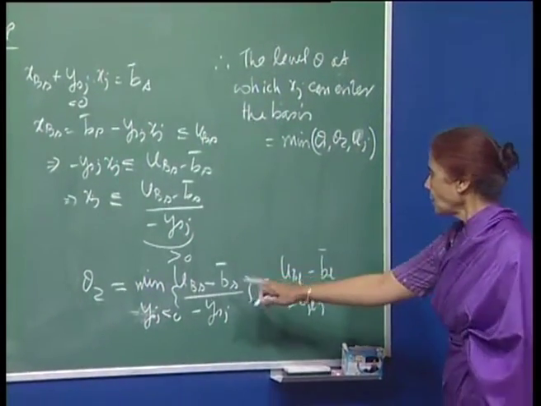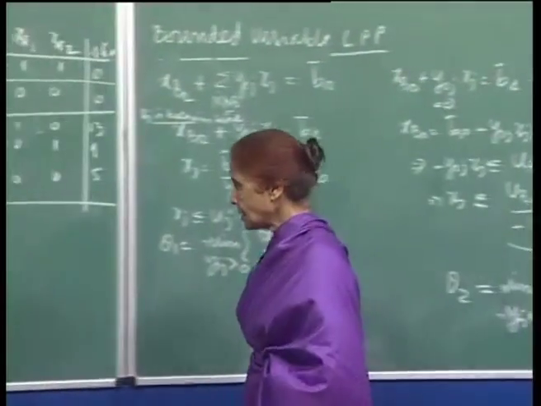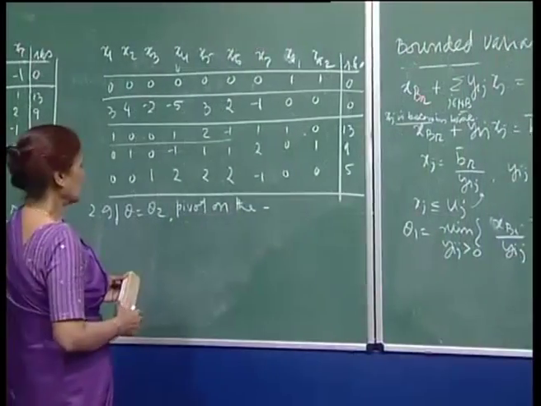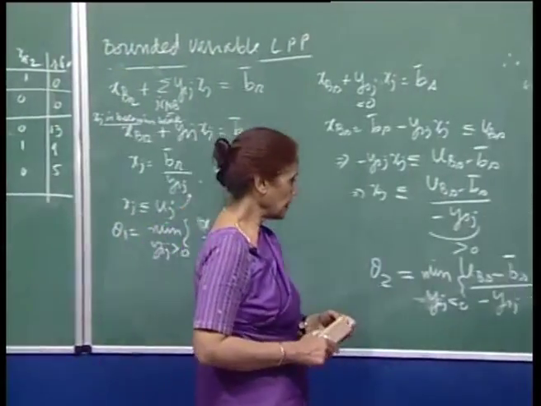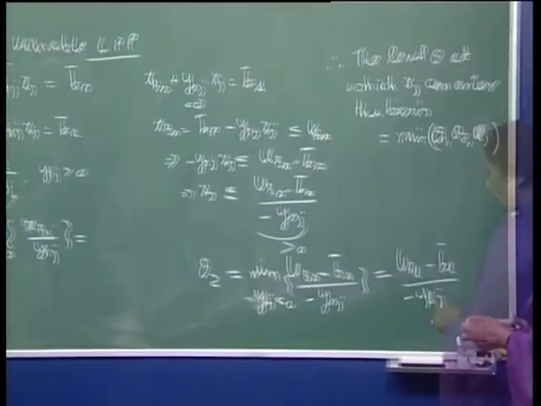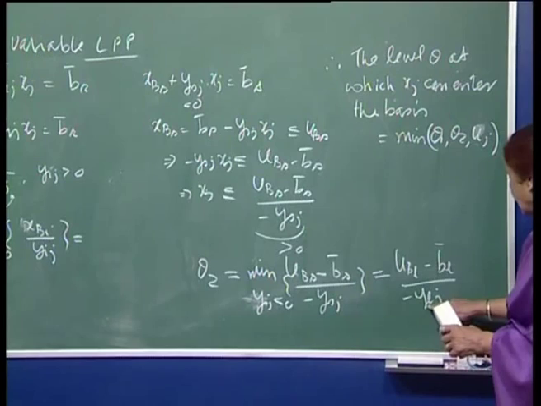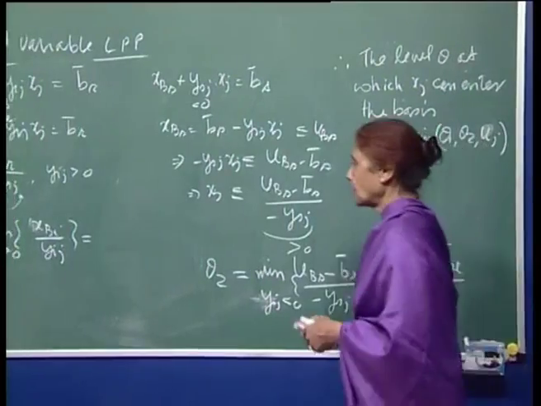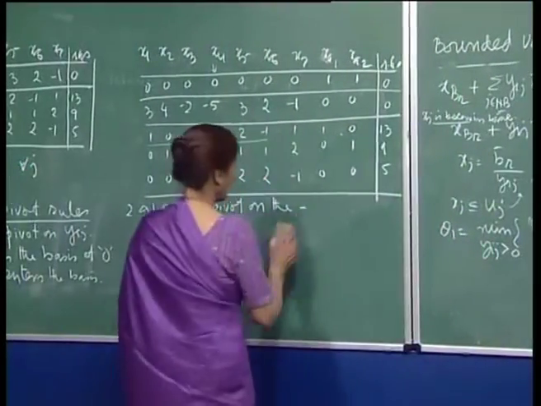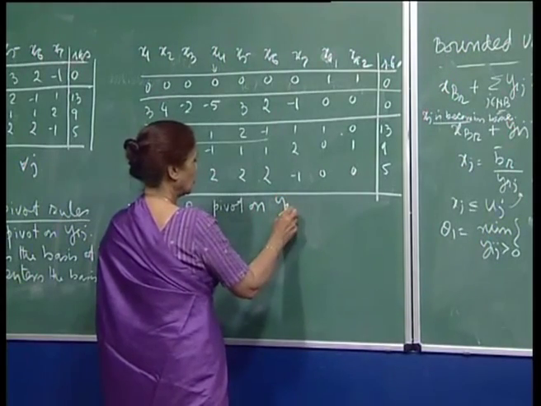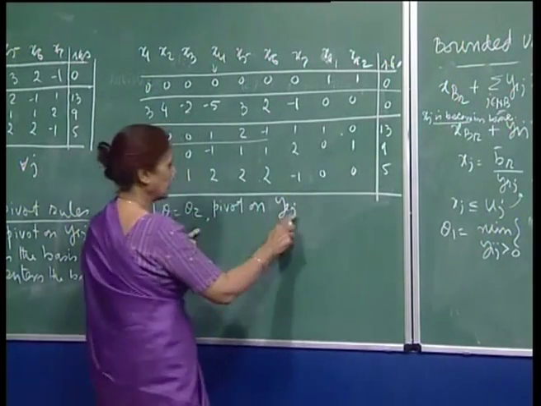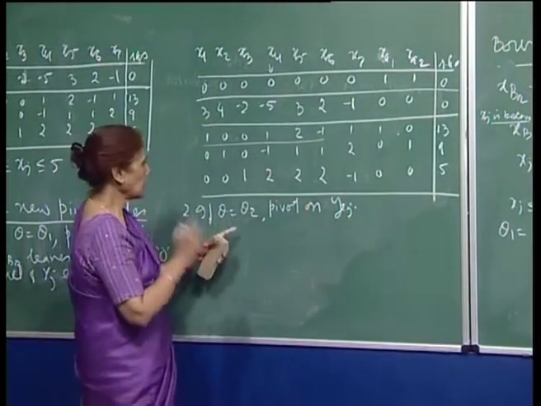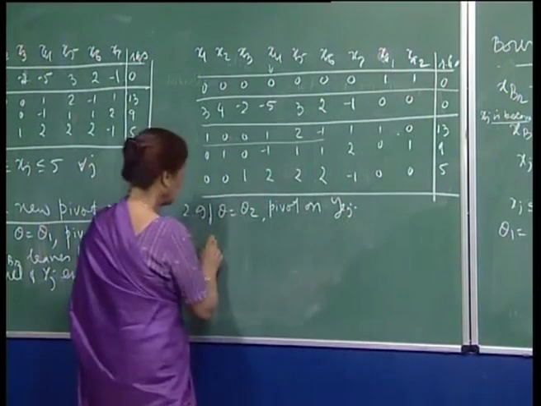This minimum ratio occurs for S equal to L. Since YLJ is negative, we can pivot on this one. So pivot on YLJ, and therefore AJ will enter the basic set of columns.